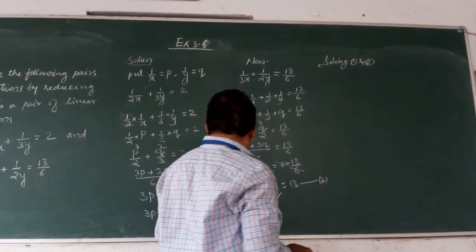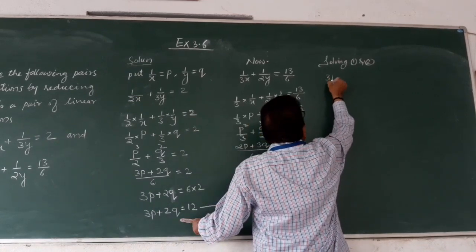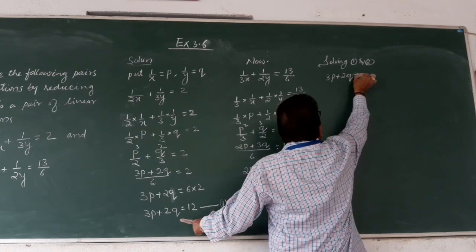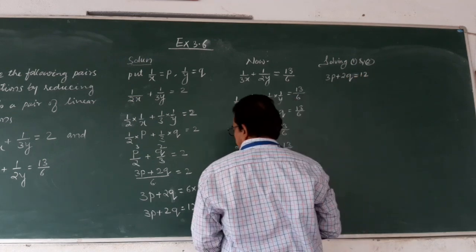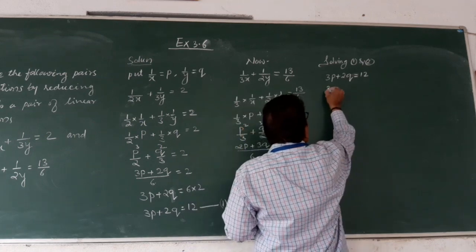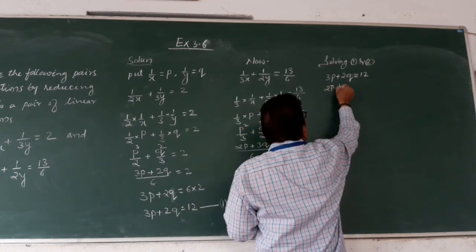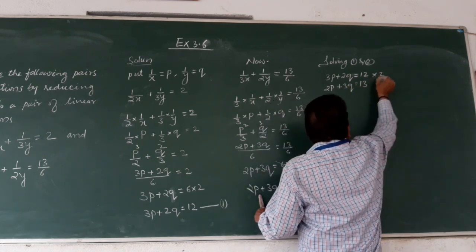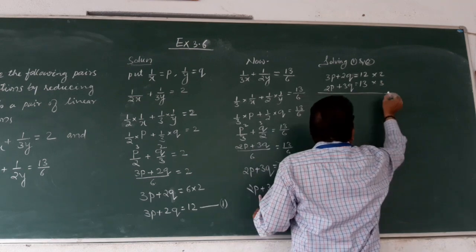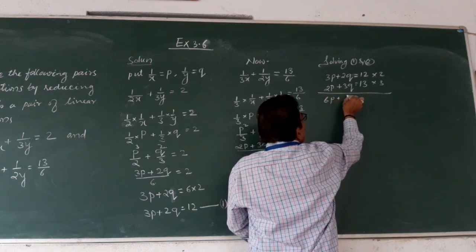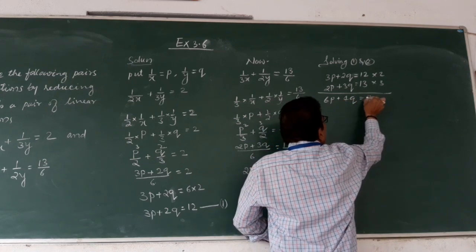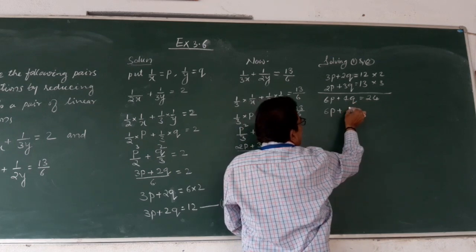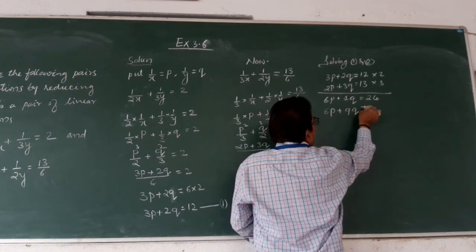Now solving 1 and 2. 3p plus 2q equals 12 and 2p plus 3q equals 13. Multiplying, 2 twos are 4q, 12 twos are 24; 3 twos are 6p plus 3 threes are 9q equals 39.